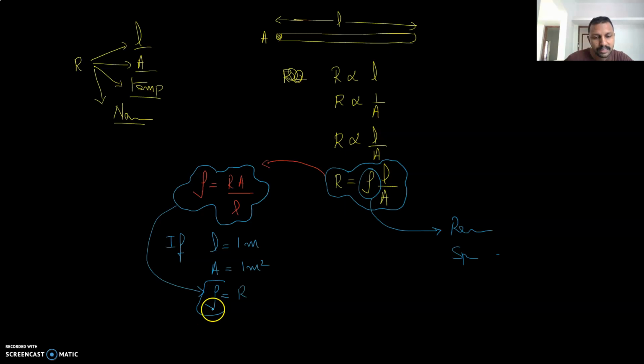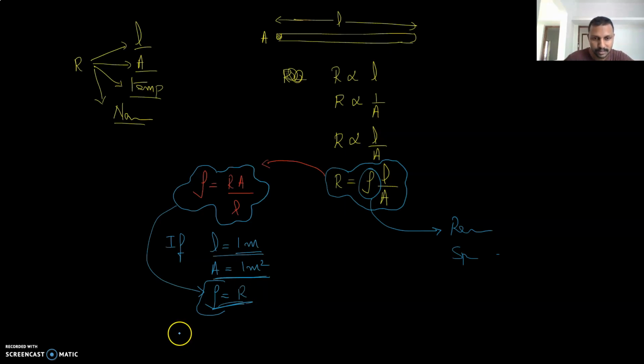Resistivity is the resistance of the conducting wire with unit length and unit area of cross section. If we have a conducting wire of unit length and unit area of cross section, the resistance of that conducting wire is equal to resistivity. Resistivity is not just any resistance, it is specific resistance.